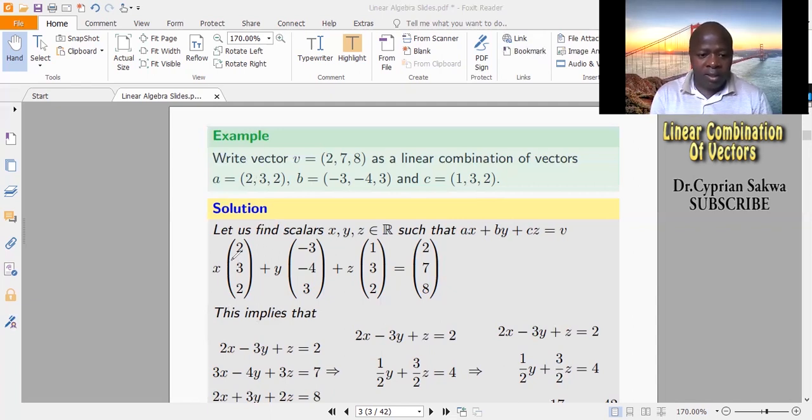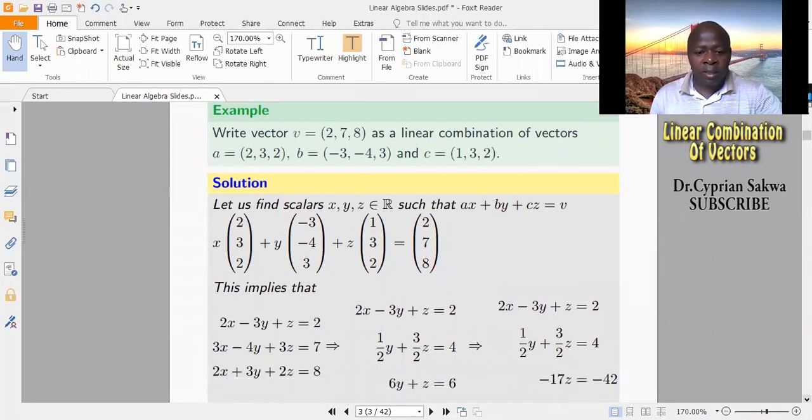So I arranged it as x times a plus y times b plus z times c is equal to v, and then simplified. These are matrices, so we are just multiplying by scalars.